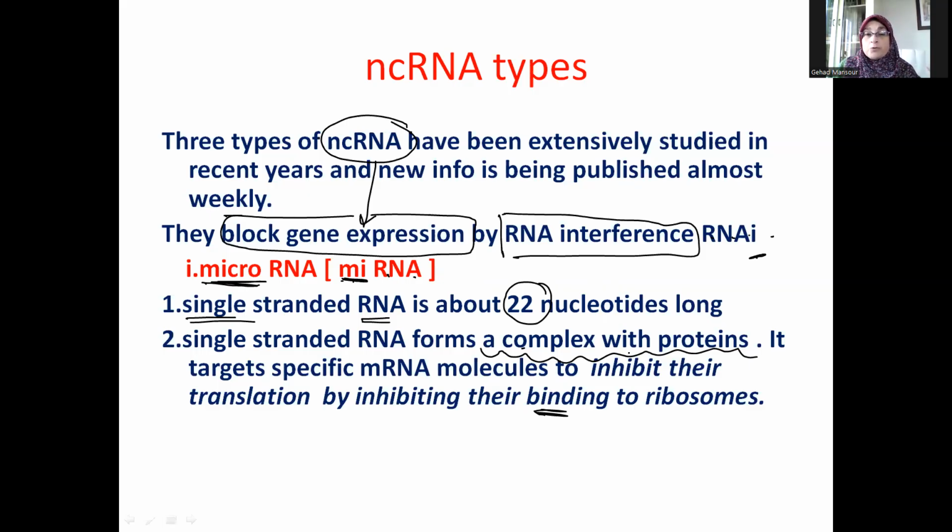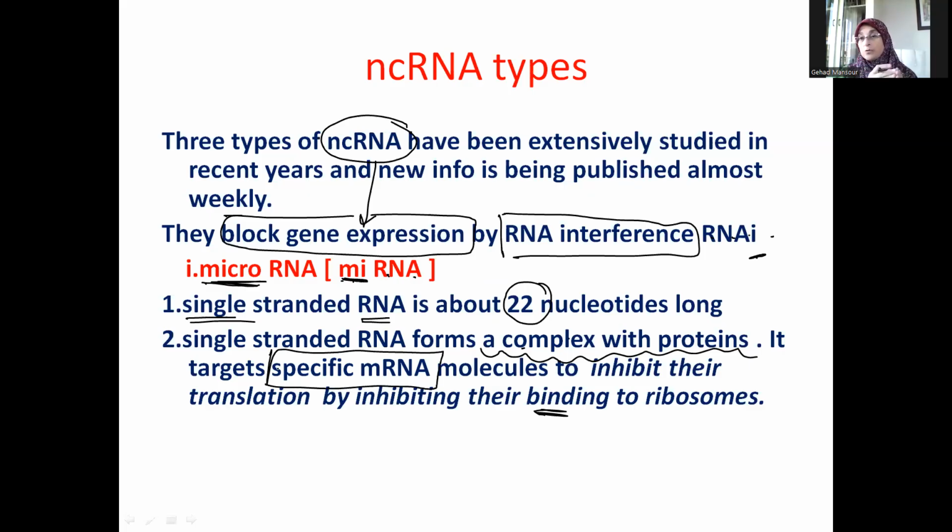They form complex with Argonaute proteins. What's their target? How do they inhibit gene expression? We said that all non-coding RNAs inhibit gene expression. So how do they inhibit gene expression? They form complex with Argonaute proteins, and their target is certain specific messenger RNA molecules.